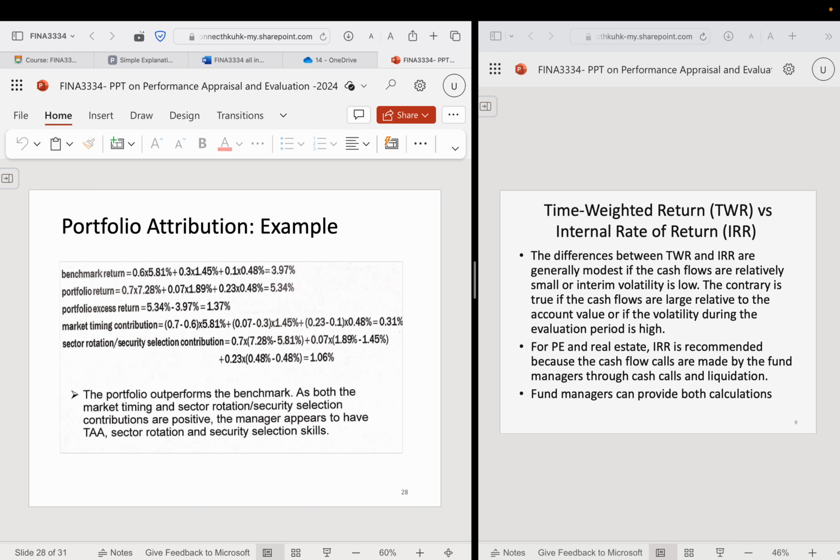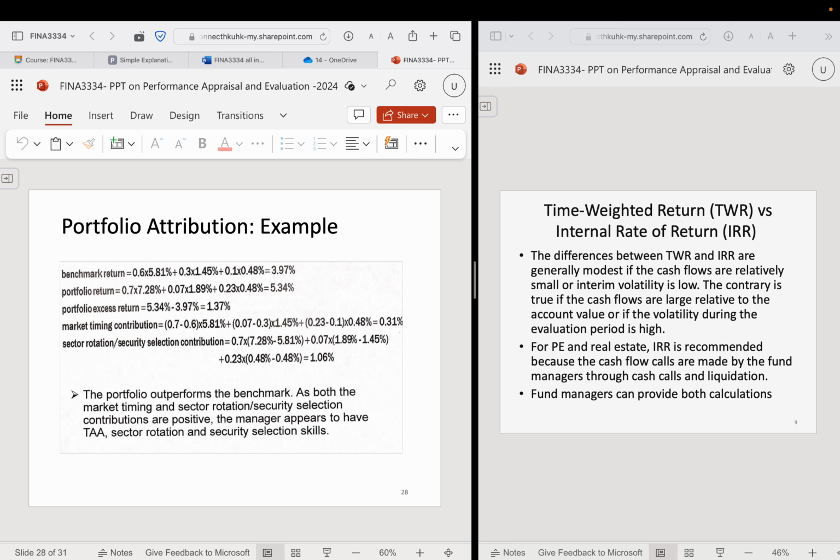But if my weighting, instead of 60%, is 80% in equity, my performance will be a lot better, because equity performs better than bond. This is purely market timing, and a lot of macro funds like to do that, because a macro fund will always look at the ETF, but not at the individual securities. They usually like huge bets on the macro factors.